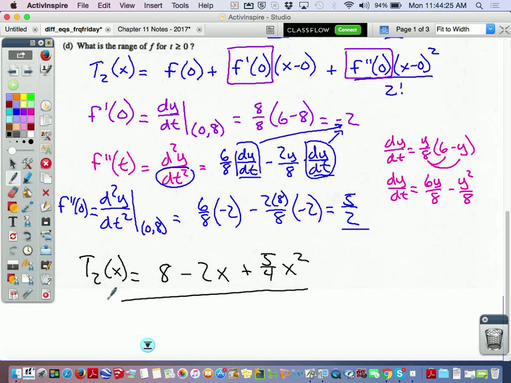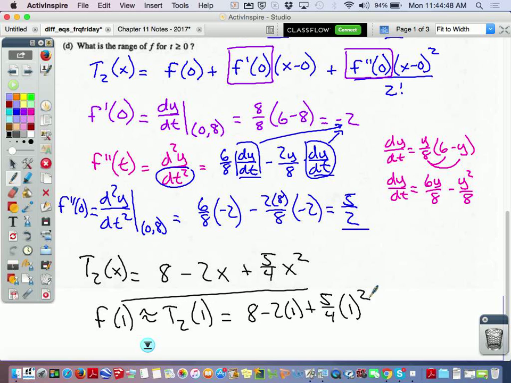And we're not even done yet. There's one part left where we have to use this to approximate f of 1. So f of 1 would be approximately equal to the Taylor polynomial at 1, which means I'm just going to plug 1 into this formula. So we've got 8 minus 2 times 1 plus 5/4 times 1 squared. And this answer comes out to be 29/4.